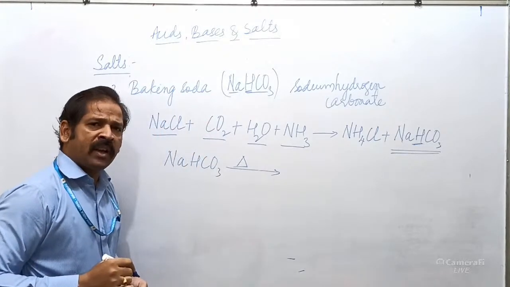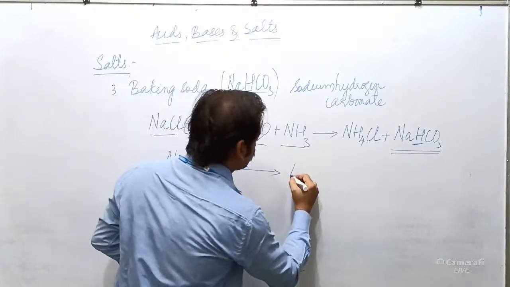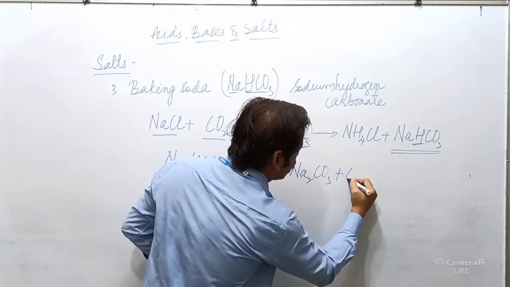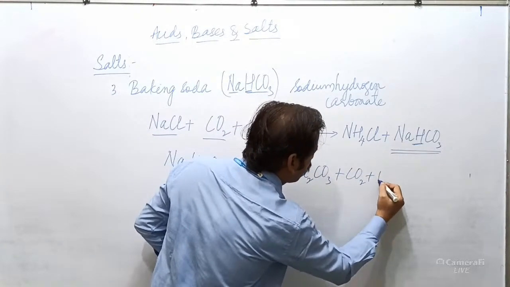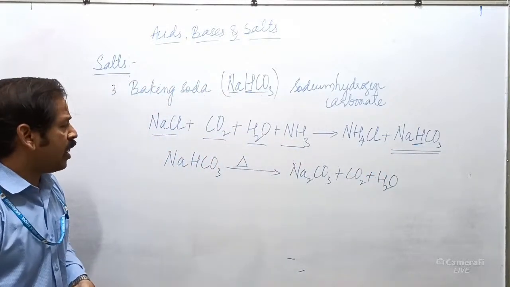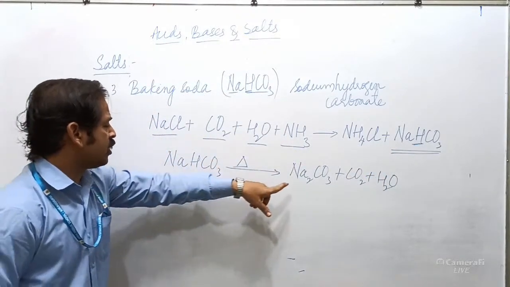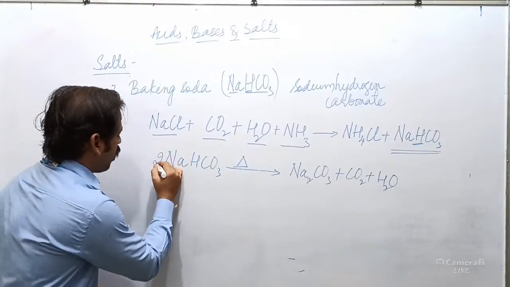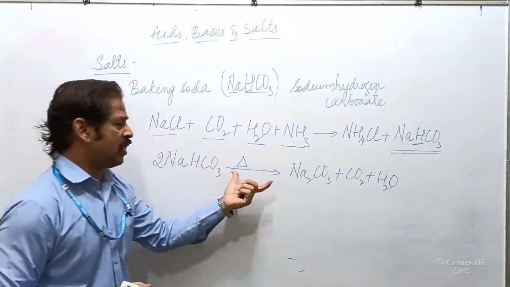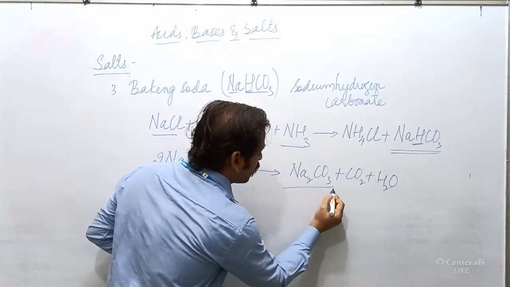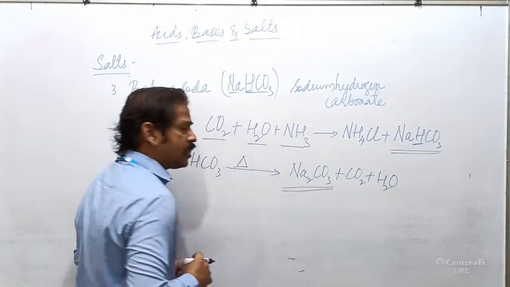Thermal decomposition of sodium bicarbonate, you are going to get sodium carbonate plus carbon dioxide plus water. Yes, we are going to get all these chemicals when we heat this chemical. When we heat this chemical, we get sodium carbonate.